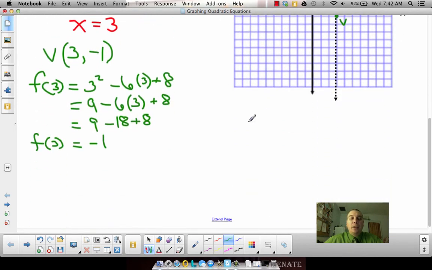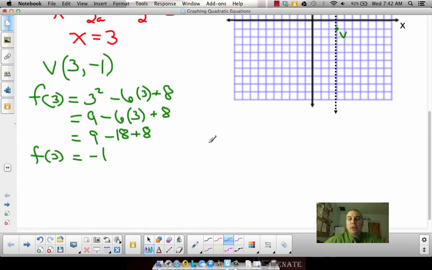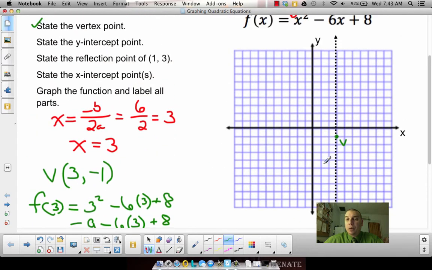So now I know that my y-intercept is the point where we start at 0, because that's my x value, and I will cross the y-axis at 8. So I'm going to go up here, so 0, 1, 2, 3, 4, 5, 6, 7, 8.